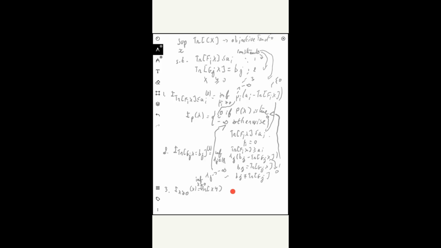If it is true, indeed x will be semi-positive definite, y too, so the trace of xy will be nonnegative, and so the least you can have is 0, the inf is equal to 0, so it will be 0 if p of x is true.